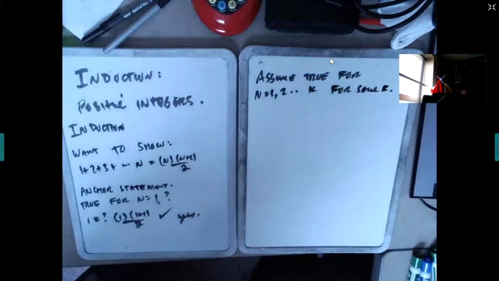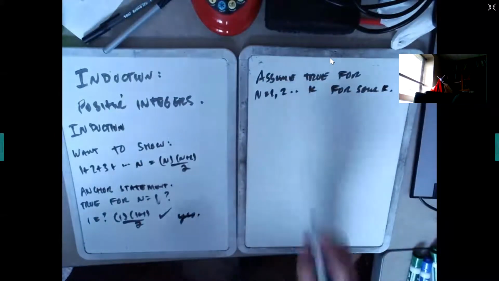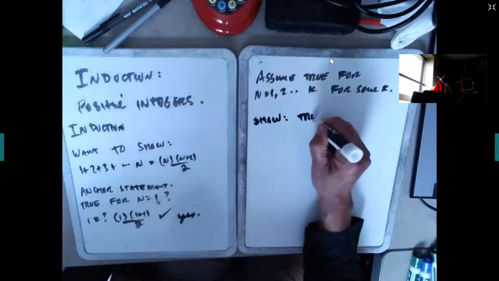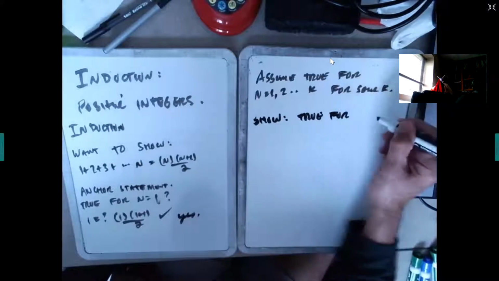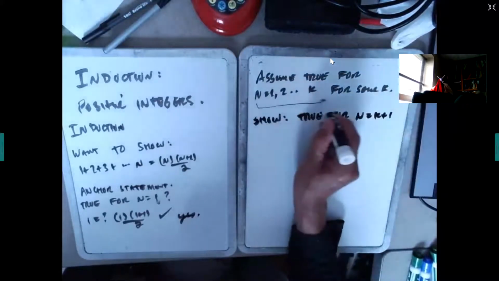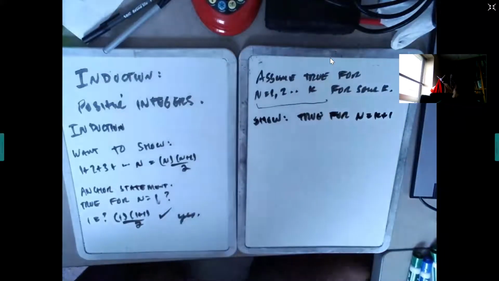But you assume that the statement is true for up to some k. Then you want to show it's true for n equal k plus 1, provided these are all true.